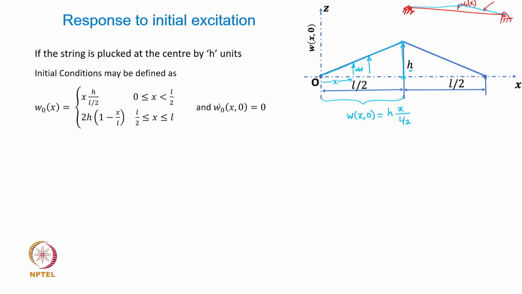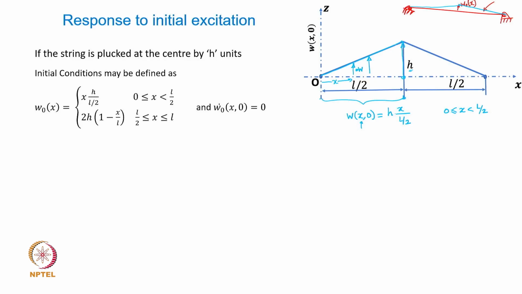So, the displacement at any position x for this region of the string, that is 0 less than or equal to x less than L by 2, is going to be the displacement that the string is subjected to.